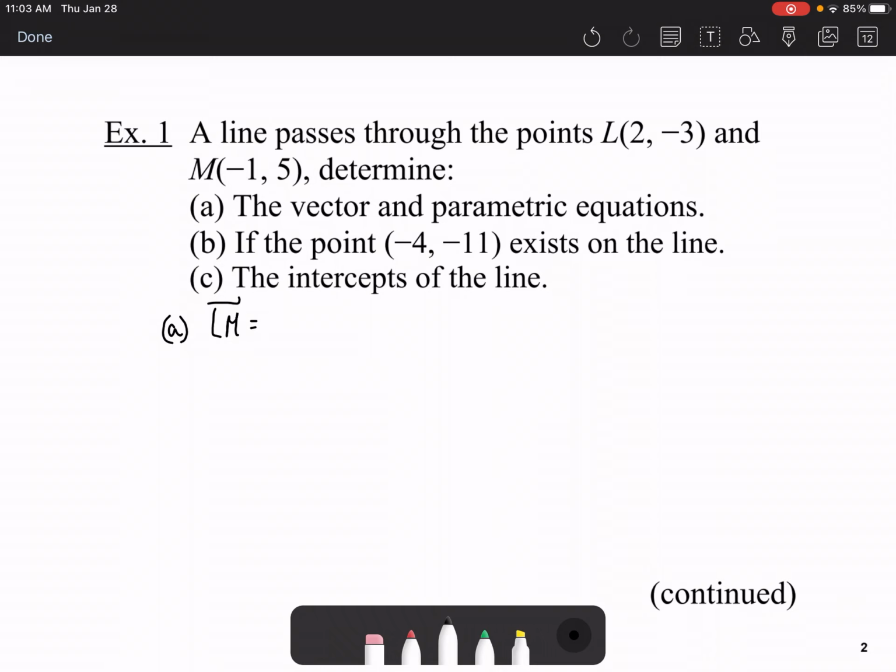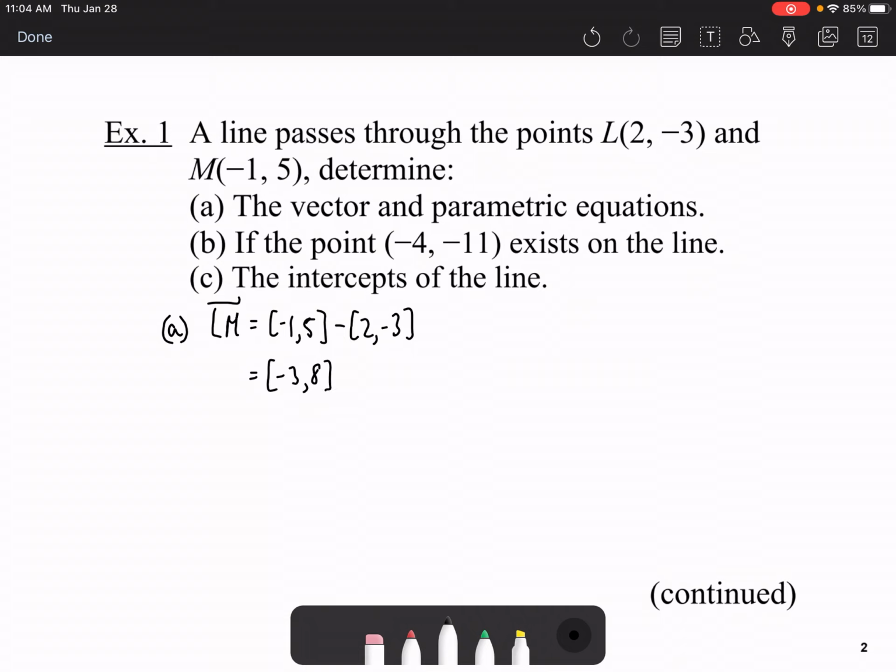You can pause your video at this moment and work out the vector LM. Okay, so in this case, our vector turns out to be -3, 8.